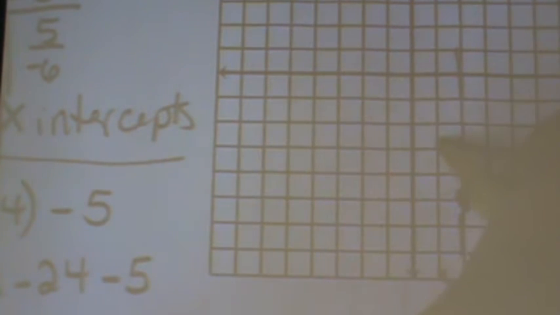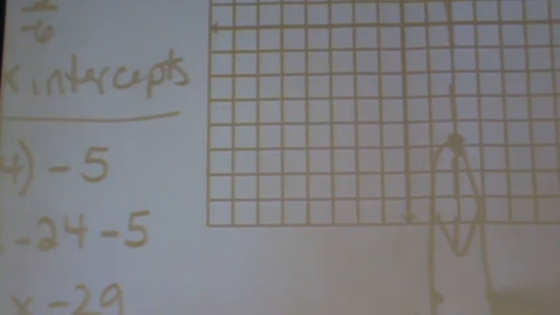So 1, 2, 3, 4, 5, 6, 7, 8, 9, 10, 11, and this is going to be -11 also, and there's your graph. For your test, I will make sure that your graph hits the graph more than that.